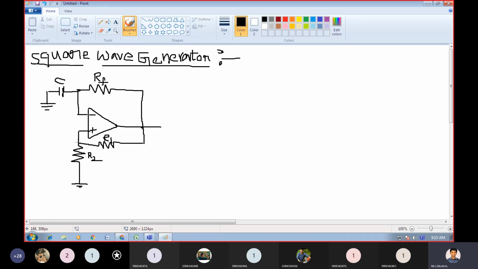Here this is the V reference point, V reference, V0. Okay, so this is the circuit diagram.